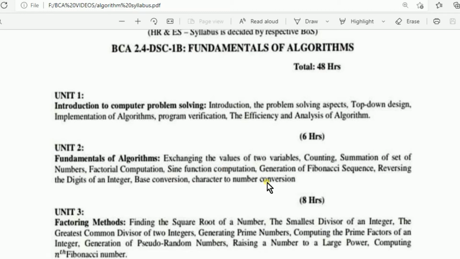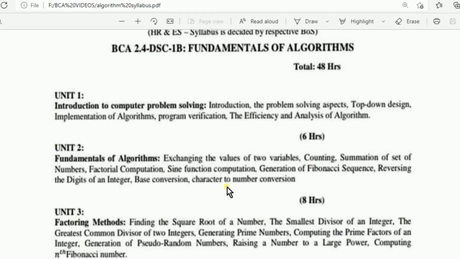And in unit 2, we will see the fundamentals of algorithm, using some problems: how to exchange the values of two variables, counting, summation of a set of numbers, factorial computation, sine function computation, generation of Fibonacci sequence, reversing the digits of an integer, base conversion, character to number conversion. These programs we will see in algorithmic method.